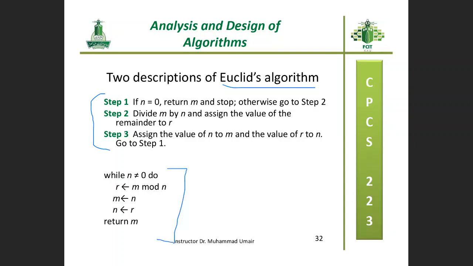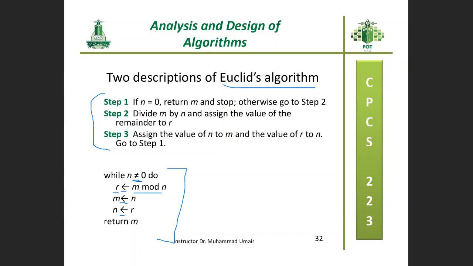The second way is a code segment. More precisely speaking, it is pseudocode, because you do not have a backward arrow operator or this symbol in any high-level language. So it could be pseudocode. While n is not equal to 0, what you have to do? Calculate m mod n and assign the value to r.